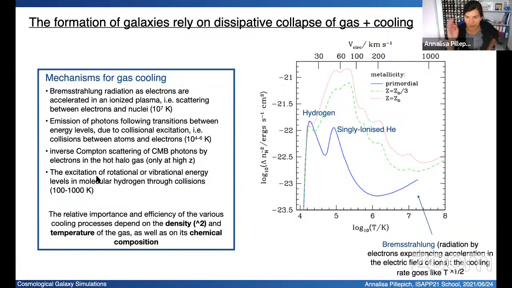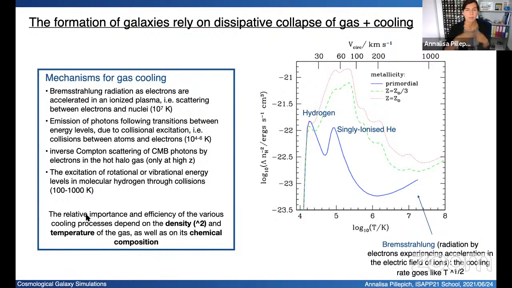So the only important thing here is that many of these processes are effectively collisional, and they depend on collisions among species, electrons or atoms or molecules. Essentially, the importance and efficiency of these various cooling processes depend on density. For the collisional ones, it goes like density squared, the temperature of the gas, and the chemical composition of the gas, whether you have neutral atoms, for example, or complex molecules.